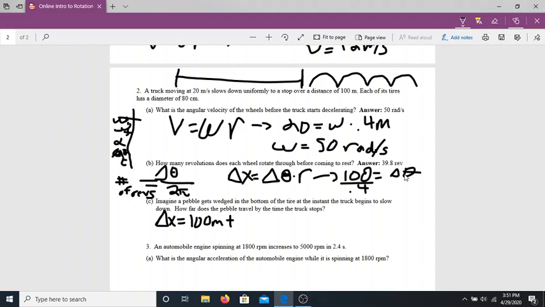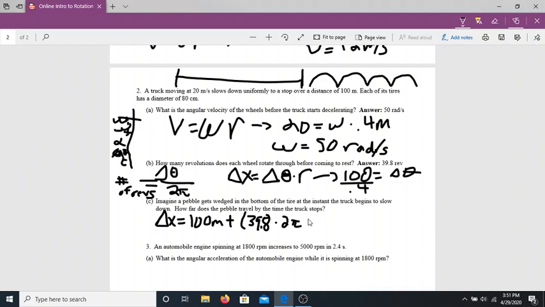What I can do then to calculate the distance it went around the circle is I can literally just say, oh, well, the distance is going to be equal to the number of revolutions, because that's just the number of times I went around the circle, times the circumference. Because the circumference is the distance I go around in one revolution.